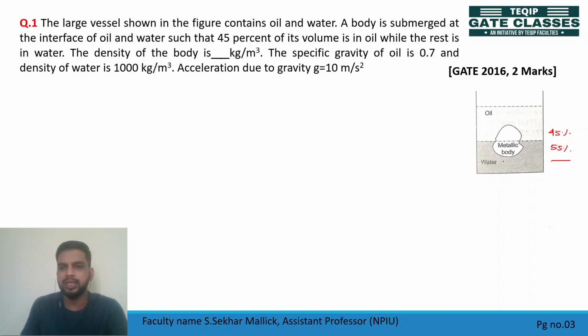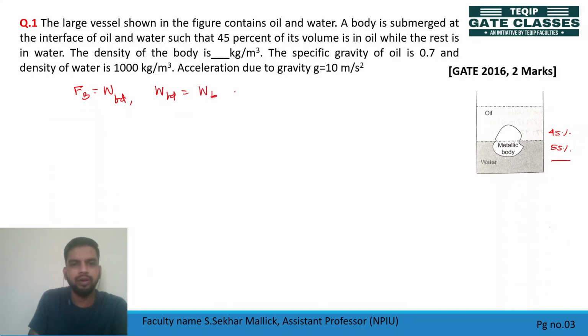So you can consider this as a floating body in oil and water, isn't it? So how to proceed? We know buoyancy force is always equal to how much? Weight of fluid displaced. And according to the principle of flotation, weight of fluid displaced is equal to how much? Weight of body for a floating body.